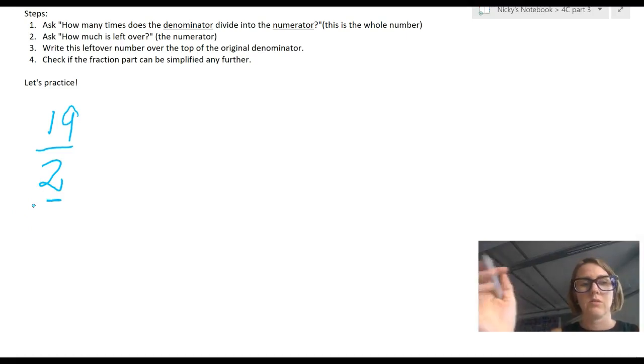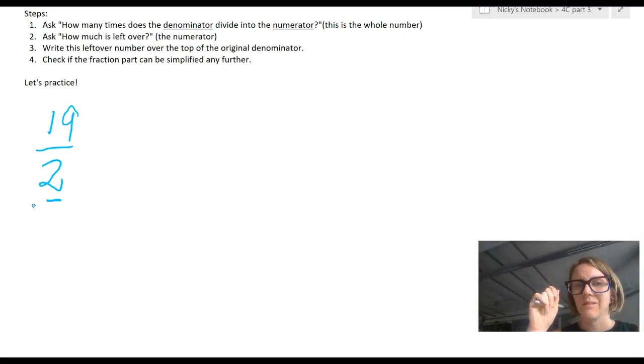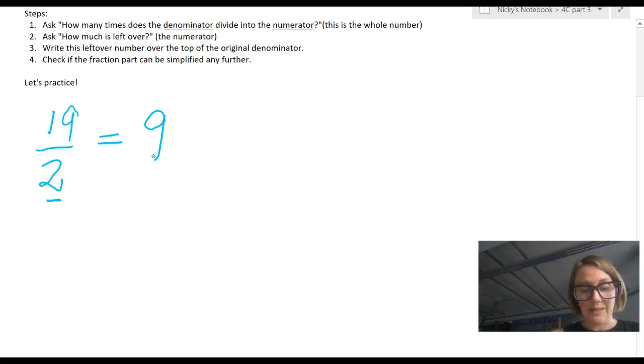Okay, so 2 fits into 19, not exactly, which means we'll have some left over, which is pretty normal. So 2 fits into 19 9 times. 2 times 9 is 18. Okay, so I don't write 18, but I write how many times it fits into it. 9 times. Okay, 2 times 9 gets me to 18, so I actually have 1 left over.